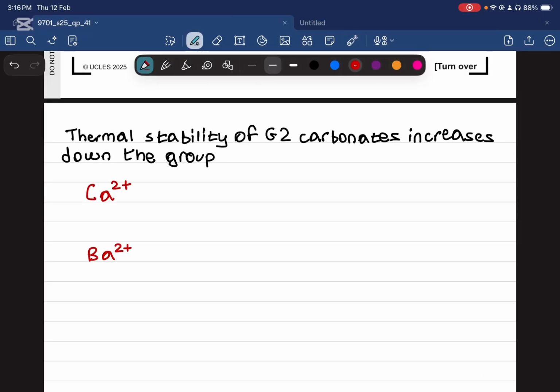This is AS chemistry. If you go down the group, the size of the ion increases. So the barium ion is larger in size, and the calcium ion is smaller in size.